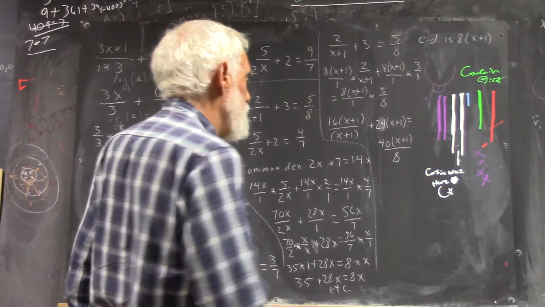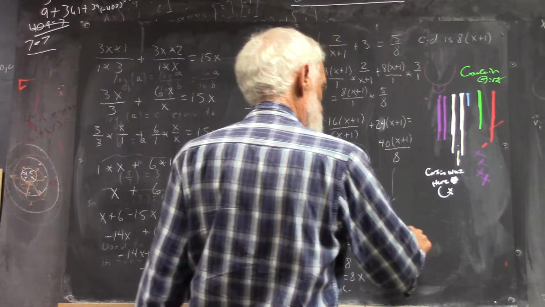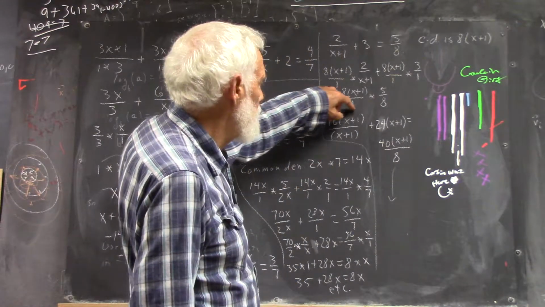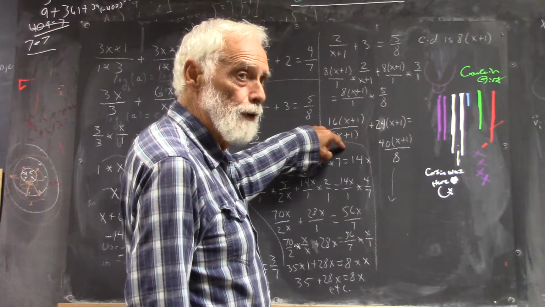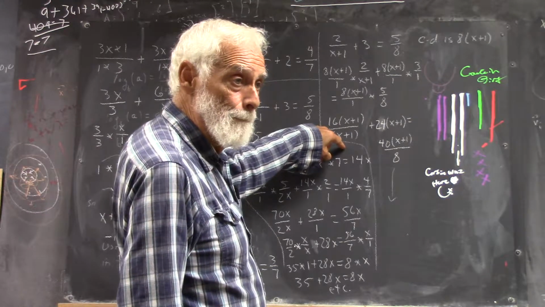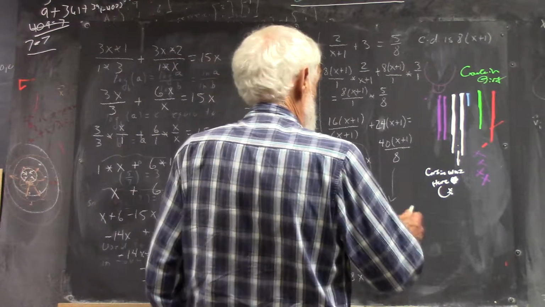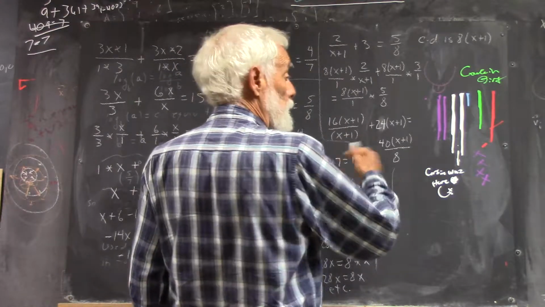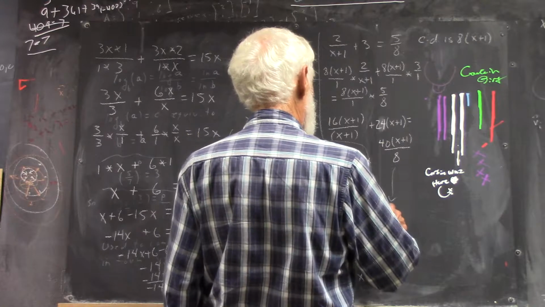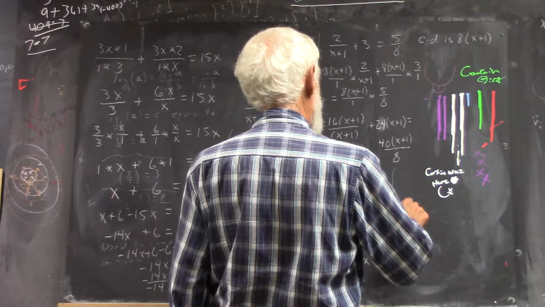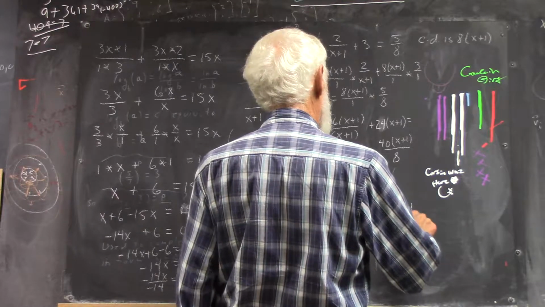Now, I'm going to skip down to here where I've got a little room to write. What's 16 times x plus 1 over x plus 1? How are you going to write that? Well, you're going to do what we've done before. Just because it's an x plus 1 rather than an x doesn't make any difference. We can still write this as 16 over 1 times x plus 1 over x plus 1.